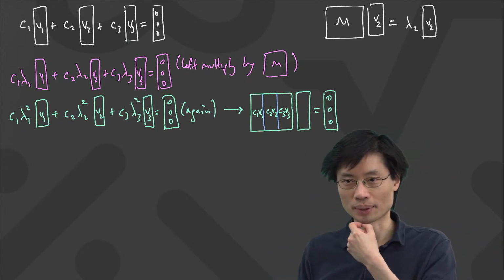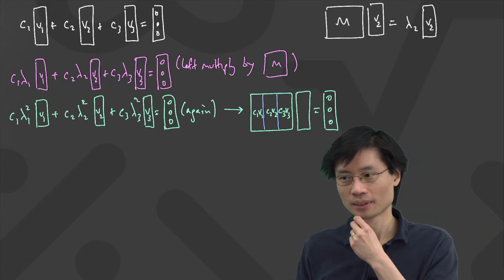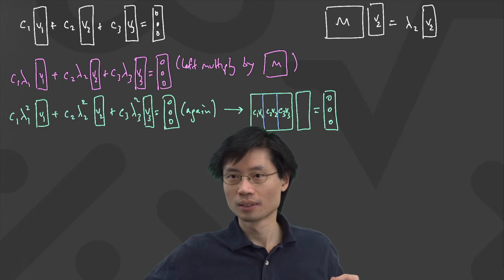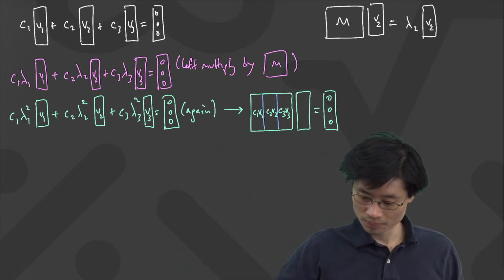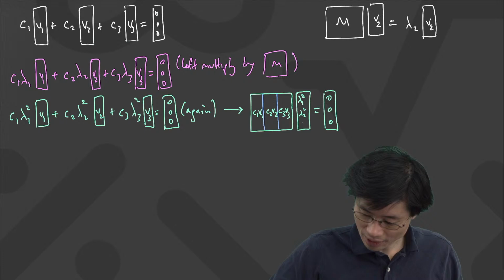We have a bunch of people. Jack? I believe it's lambda 1 squared at the top, then lambda 2 squared next, and then going down to lambda 3 squared. Yeah, so this is all the squares.